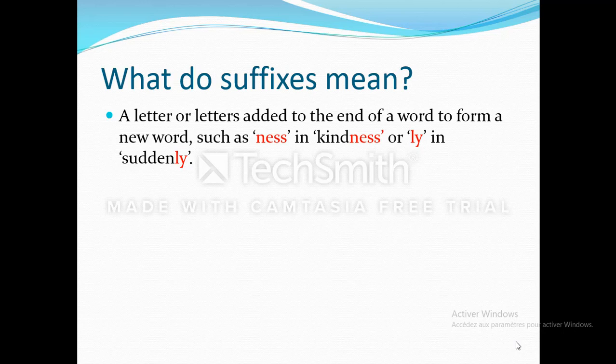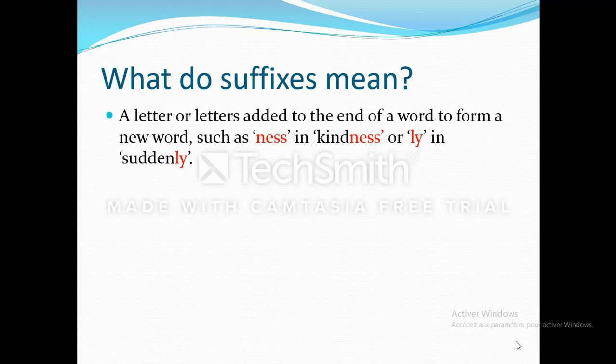I will give you an example. We have the word kindness as a noun, but the adjective of this word is kind. It means someone is kind.